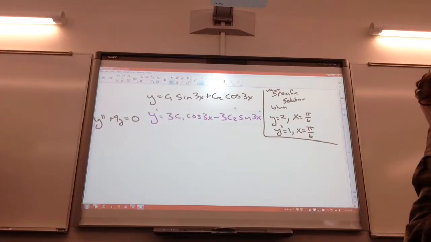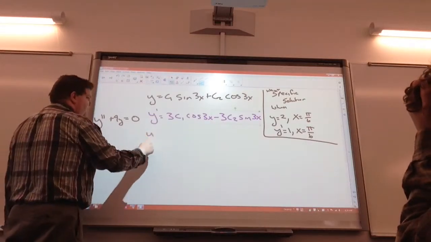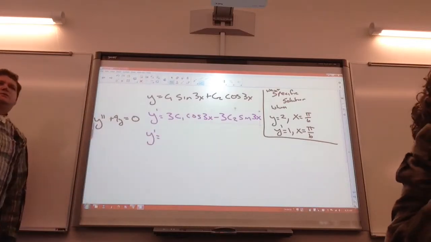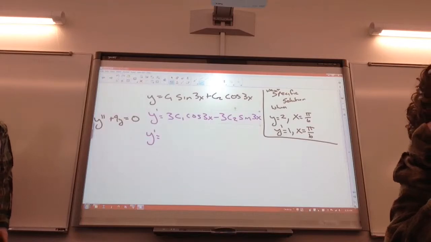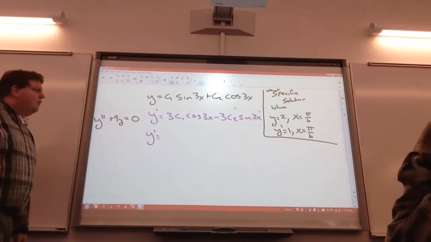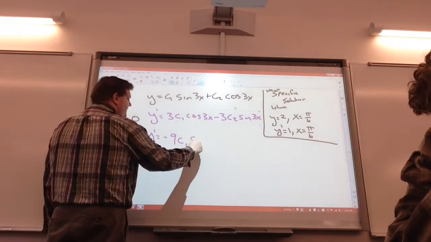Now, for our second derivative, we could take out the 3's, but we don't; it's not going to really help us all that much. It would be 3c1 times 3 times minus the sine of 3x, so minus 9c1 sine of 3x.